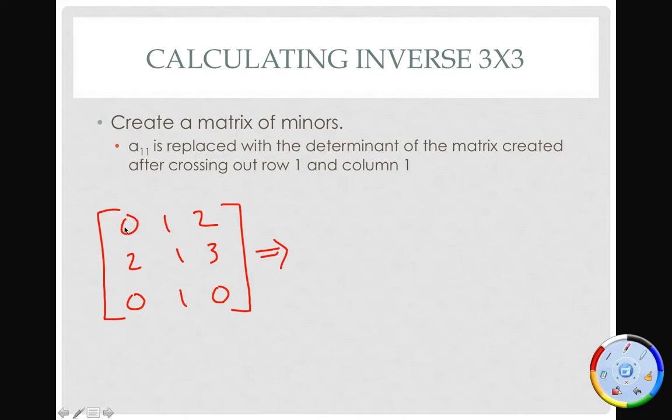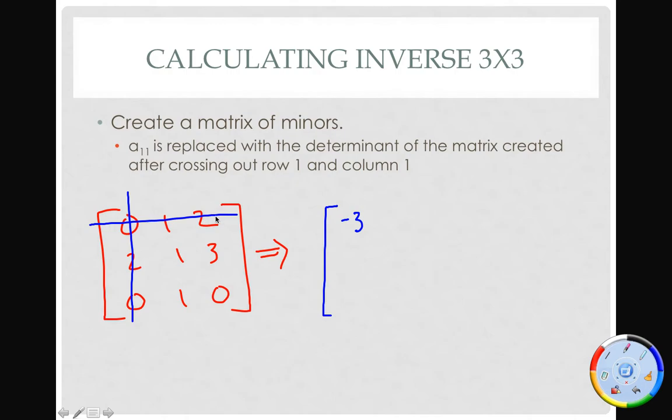The value in row 1, column 1, is replaced with the determinant after we cross out row 1 and column 1. So the determinant here is 1 times 0 minus 3 times 1, which is 0 minus 3, so -3.